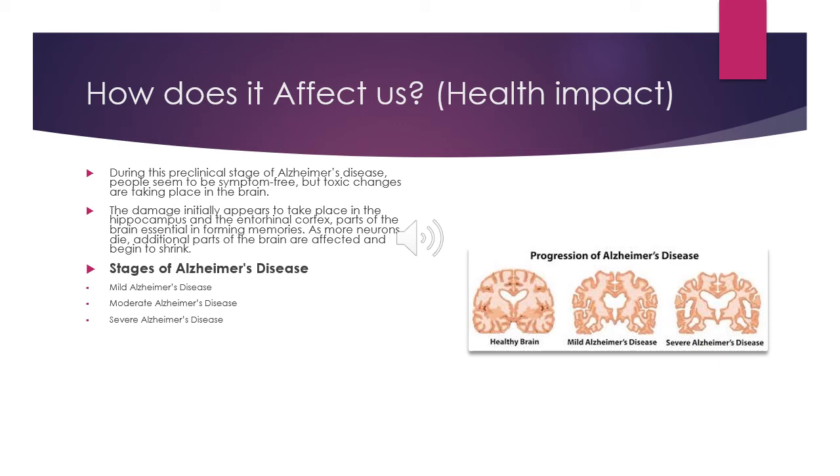So once you reach a certain point in your Alzheimer's disease progression, you start getting to the severe Alzheimer's disease stage. When you get to the end, that is when you start not being able to take care of yourself anymore. That is full blown. You have no memory, no function.